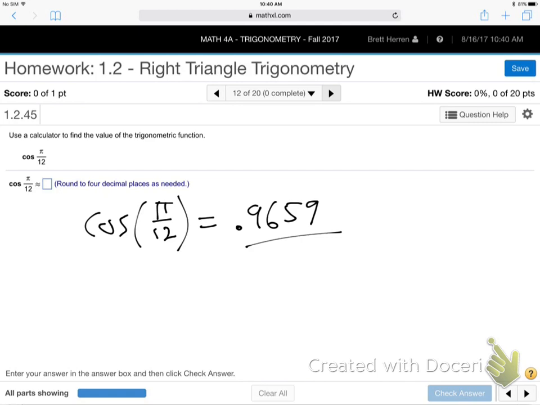Question: so radians when it has the pi, degrees when it has degrees? Good question. Degrees is when it has the degree symbol. It doesn't have to have a pi to be radians. What if they had said find the cosine of 1/12? There's no pi there, but it's still radians, because there's no degree symbol.